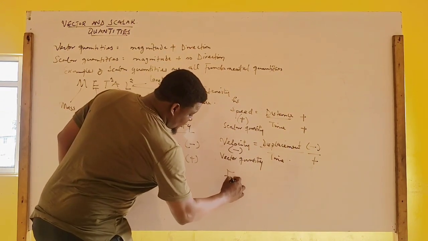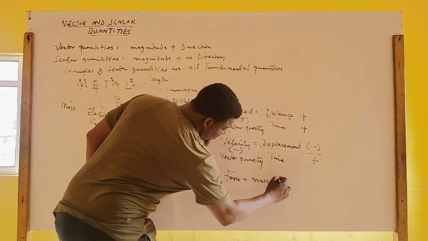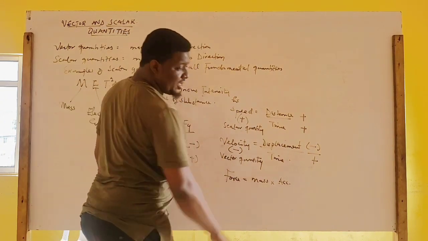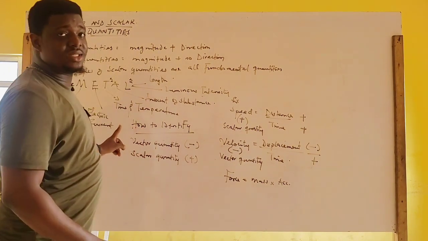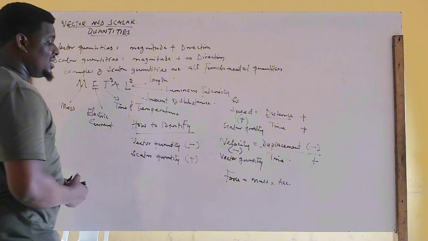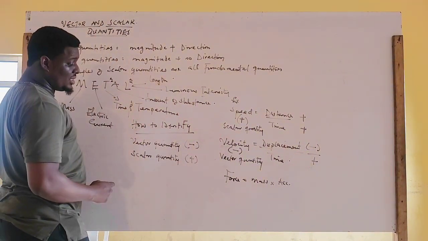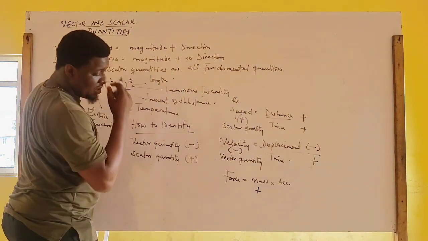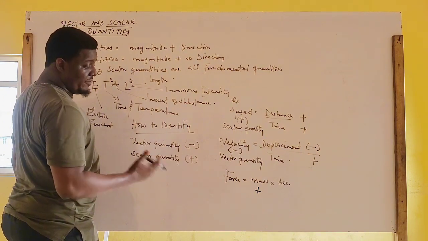We can add force. Force is mass times acceleration. So what do you have here? Your mass falls under fundamental quantity, which is a scalar quantity. You have it as plus. Your acceleration is a vector quantity.